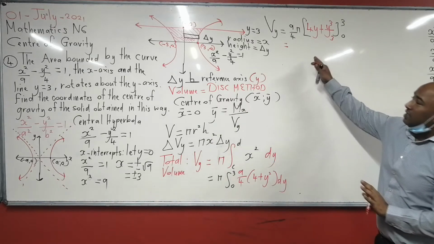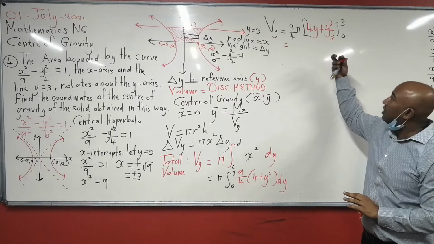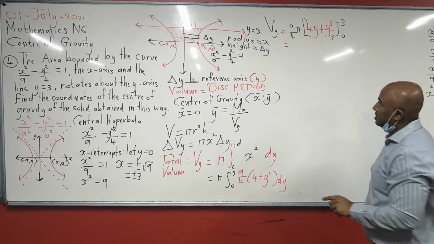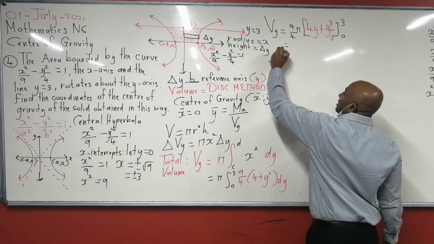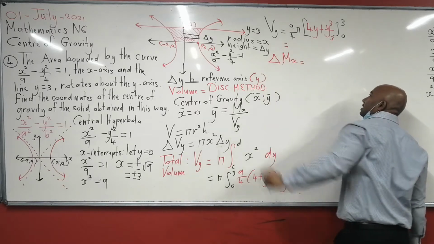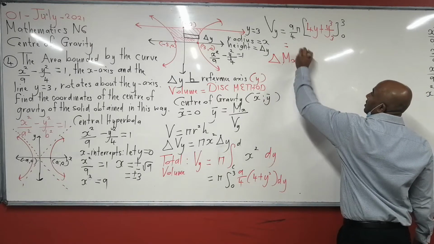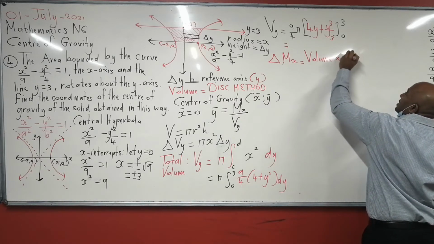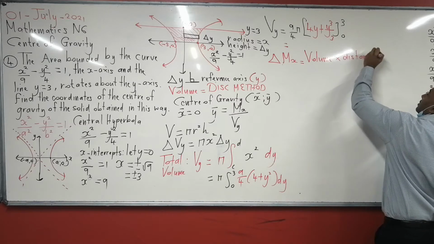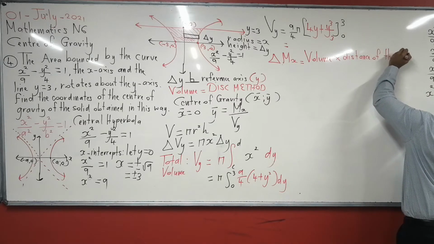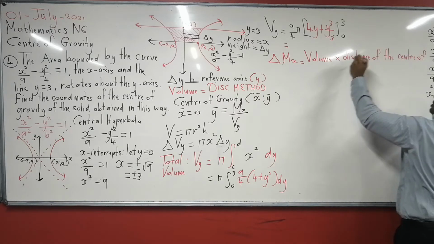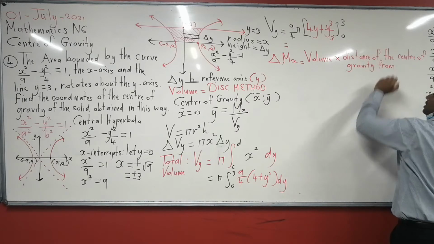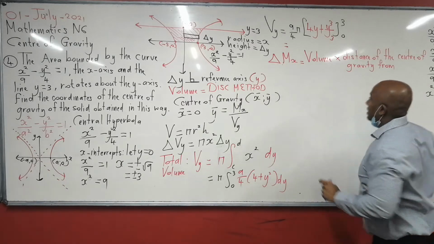This is simple, there's nothing we need to learn. We know how to use the calculator. Let's deal with Mx, moments along the x-axis. So we know that delta Mx, the formula is volume times the distance of the center of gravity from the x-axis.